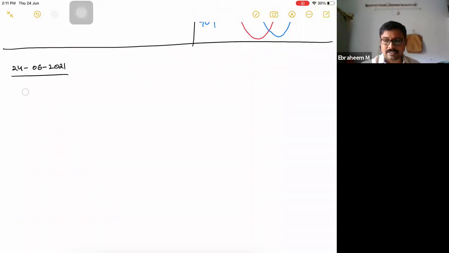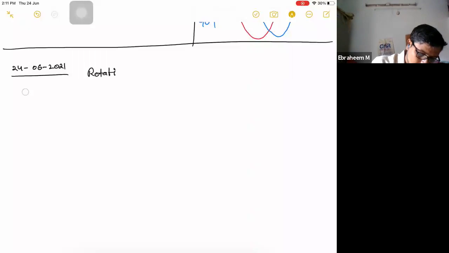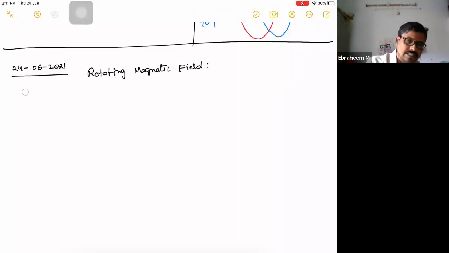So the magnetic field, or the resulting magnetic field of the stator, is rotating in nature, right? The rotating magnetic field is similar to a magnet rotating.